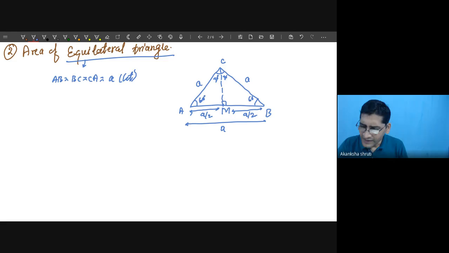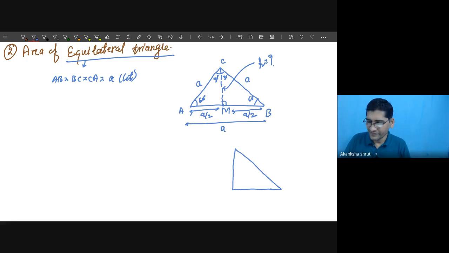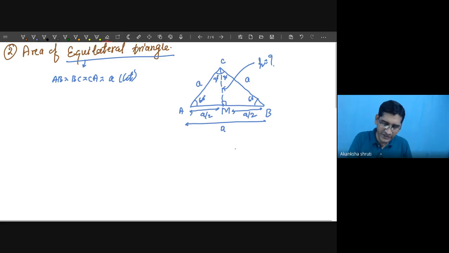Now, students, what is this perpendicular length? Can we calculate this? Surely we can calculate. Students, just draw this part separately. Means draw one of the parts only.